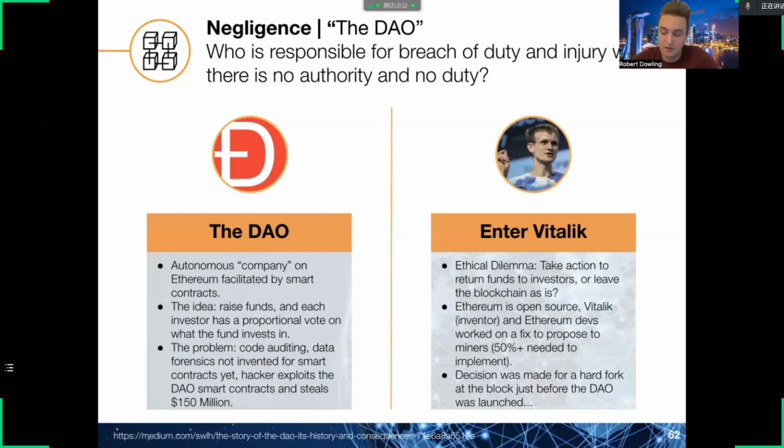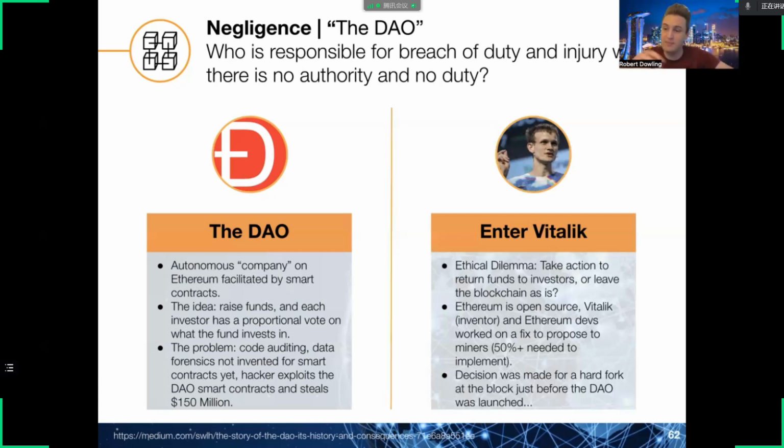It wasn't until people started building things to help us look at this. So what ended up happening is Vitalik and the Ethereum Foundation hard forked Ethereum from the original Ethereum. The original Ethereum today is called Ethereum Classic. There was a hard fork at the block just before the DAO was launched.